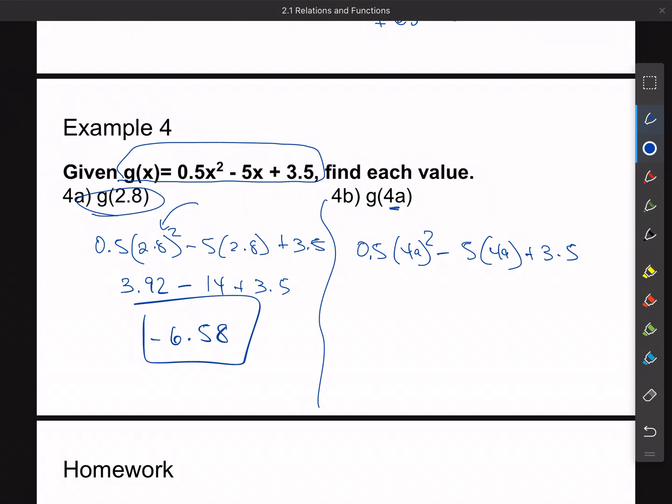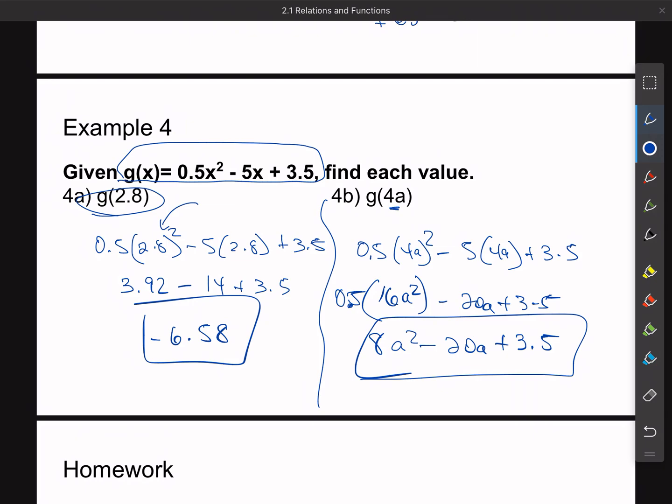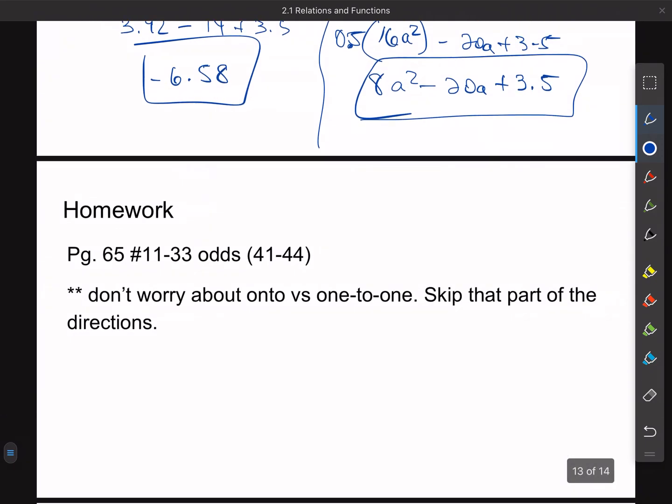So 4 squared is actually 16, so this is 16a squared when you take it out of parentheses. We're going to multiply that by 0.5. Then we're going to subtract 20a and add 3.5. When I do this, 0.5 times 16 is just 8. So we have 8a squared minus 20a plus 3.5. All right, so that's the answer because we can't simplify it any further.